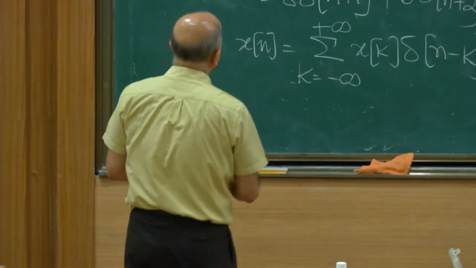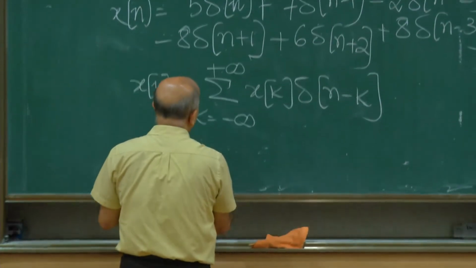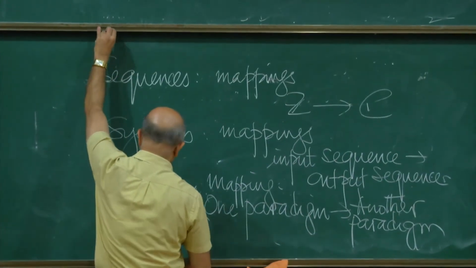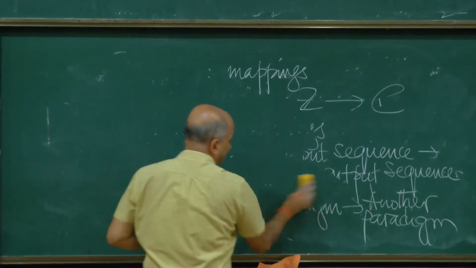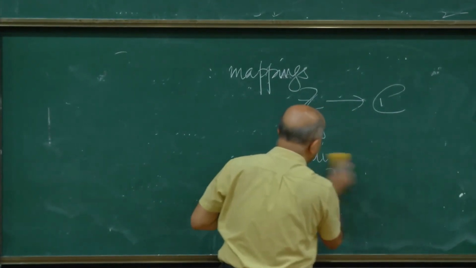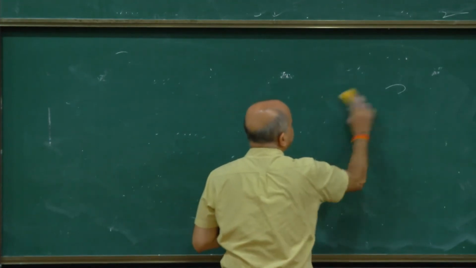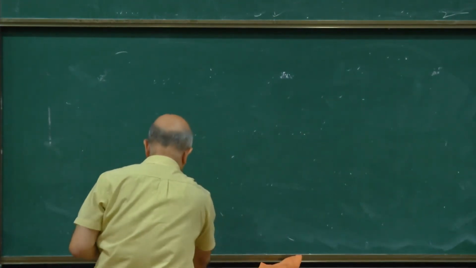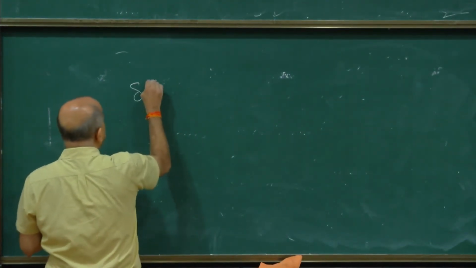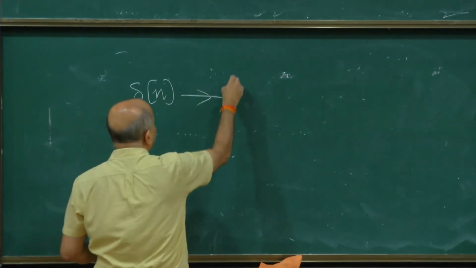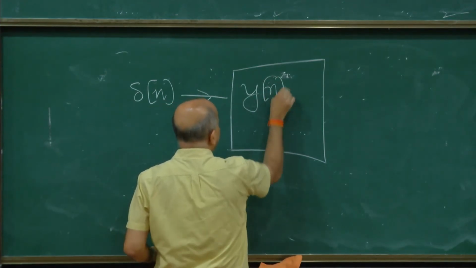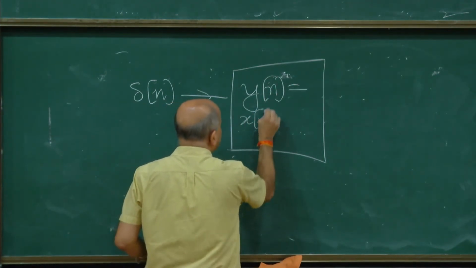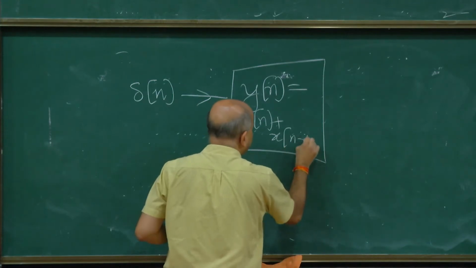So let us see. Let's take that unit impulse sequence and apply it to this system. In fact, let's do something more general. Let's take the unit impulse sequence. Okay, let's do the more particular thing first. Let's apply it to the system y of n is half of x of n plus x of n minus 1.